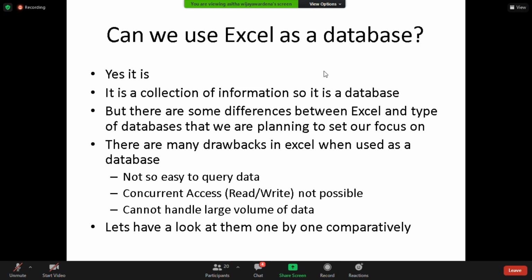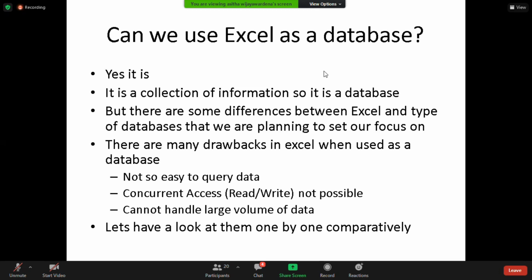If you look at small organizations, small shops, they use Excel to record everything, their business transactions, and everything is recorded on Excel sheets.